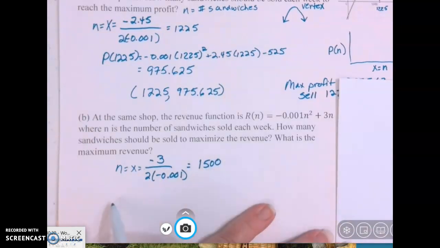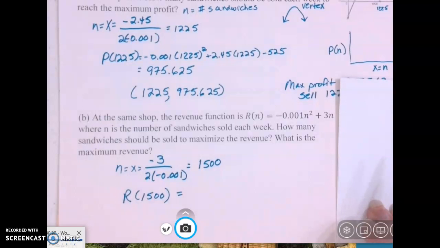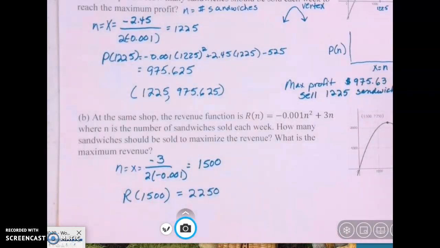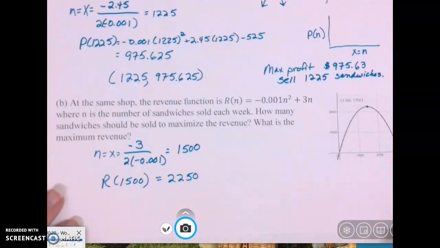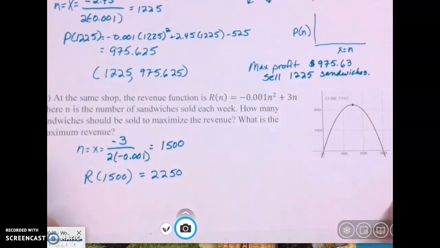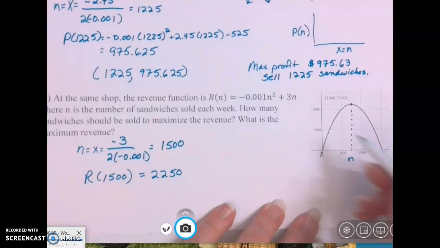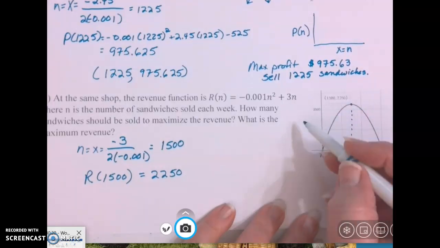And then when I go in and find R of 1,500, by putting that into my function, I find that that value is 2,250. I'm not going to go through all the arithmetic on this one. So we're going to look at our graph. And now as we look at that graph, remember that we have to interpret what this vertex tells us. So on the x-axis, we have the n, or how many, and what we are maximizing is revenue.